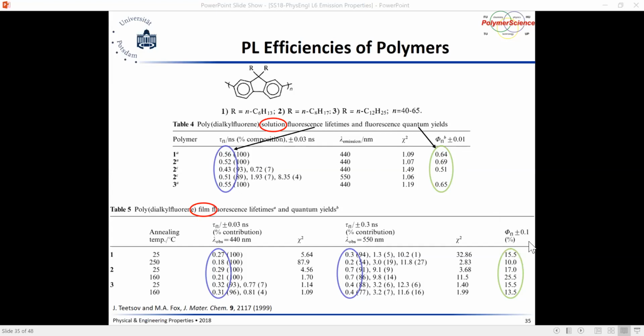This is rather sloppy because the units are somewhat different here. This has been turned into percentage, whereas this hasn't. So anyway, this is 64%, 69%, and so on. Here you have 15%. So you can see you have a big drop in the quantum yield when we go from solution to the film.